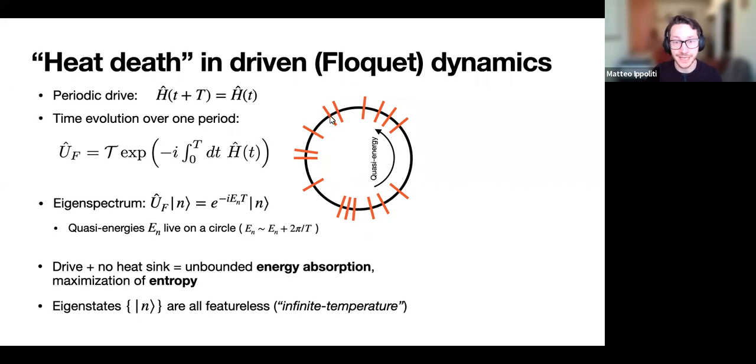So all of these steady states that we have here on the circle will be essentially featureless infinite temperature states, meaning just maximum entropy quantum states.